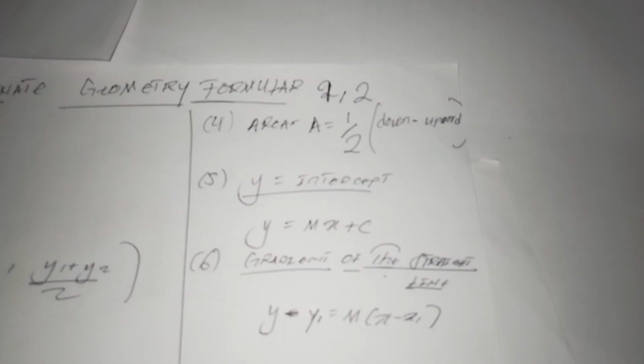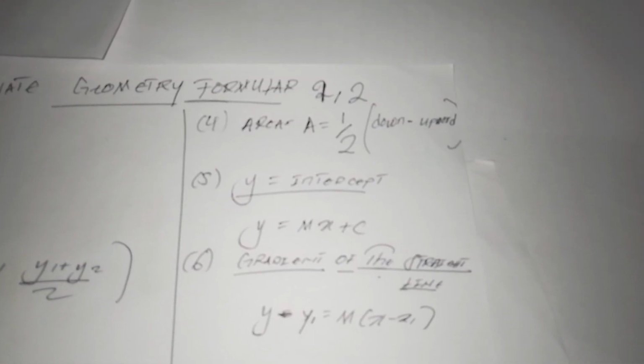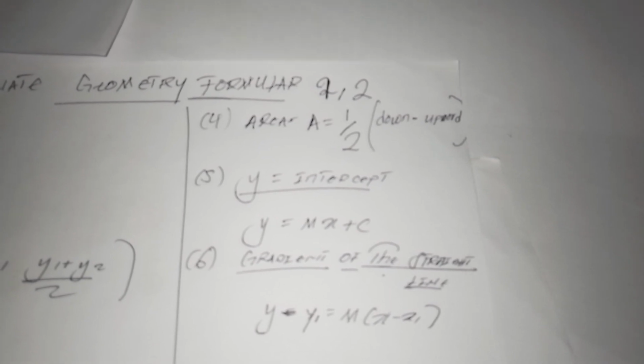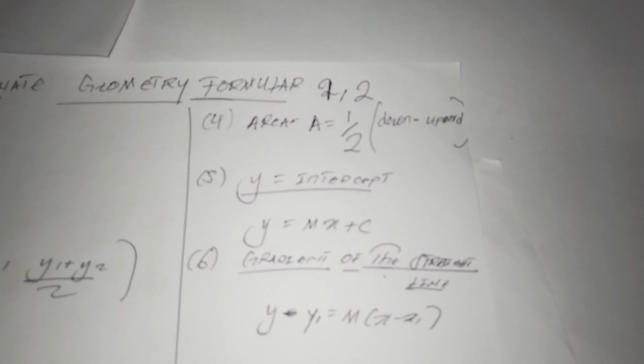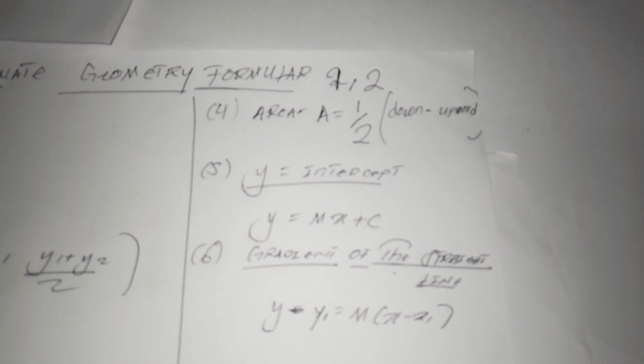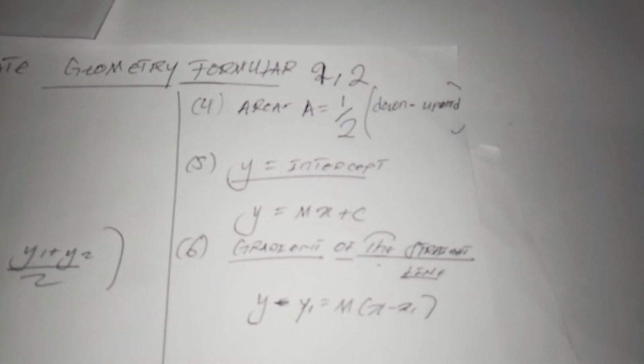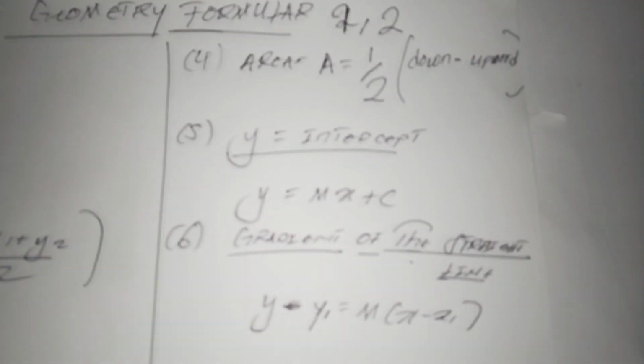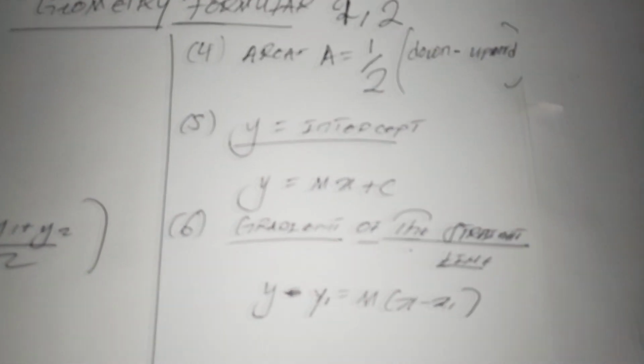Not only that, we have the area formula, of which I think you're going to have such kind of question, to say down minus upward. What does that mean? We're going to understand it fully when you start solving. The y-intercept formula also you're supposed to know fully without failing, and also the gradient of the straight line, you're supposed to know it without failing.